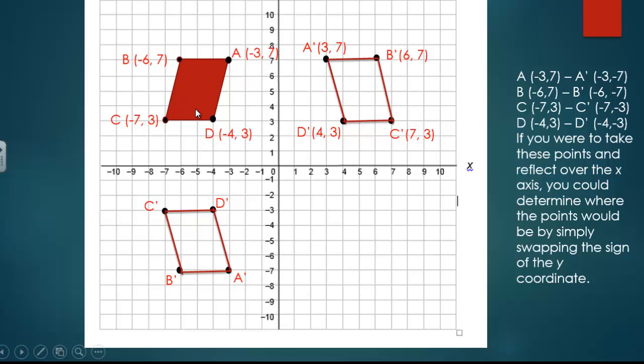If we had reflected over y and then reflected from here over x, these primes would have 2 dashes on them instead of just 1, because it would be the second transformation from the original object. So take some time to look at this, and we will do some in class.